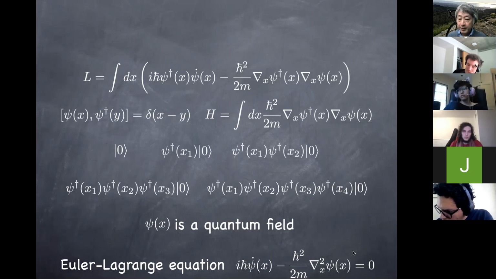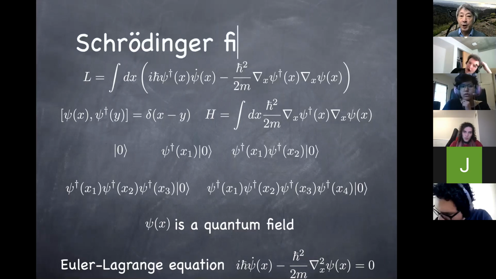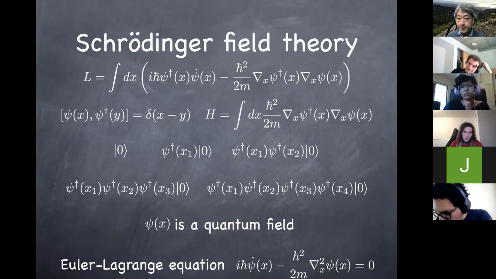But now you recognize that this looks exactly the same as the Schrödinger equation for the wave function of a free particle. This resemblance of the Euler-Lagrange equation for the quantum field to the Schrödinger equation of a free particle is the reason why we call this Schrödinger field theory.